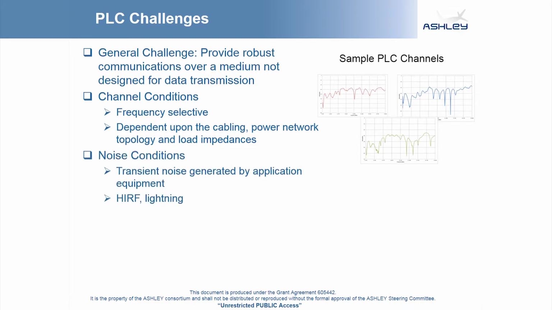The application equipment attached to the power distribution network will also generate transient noise. The lack of shielding in the power wiring makes the power network highly susceptible to externally coupled noise sources such as HERF or lightning.